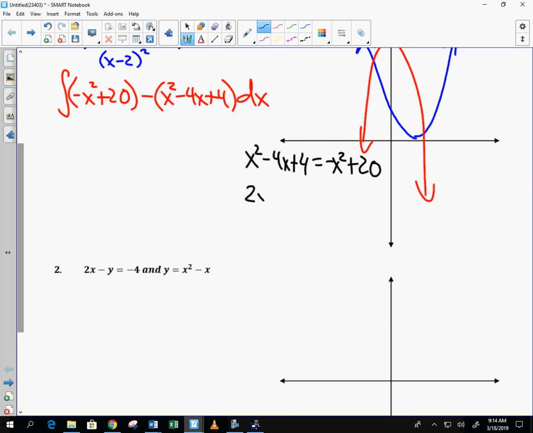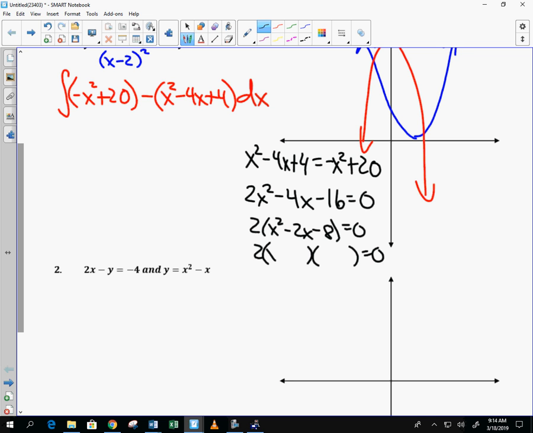I get 2x squared minus 4x minus 16 is equal to 0. Now what? Factor out 2, I get x squared minus 2x minus 8. Factor that, and therefore, I have bounds of 4 and negative 2.